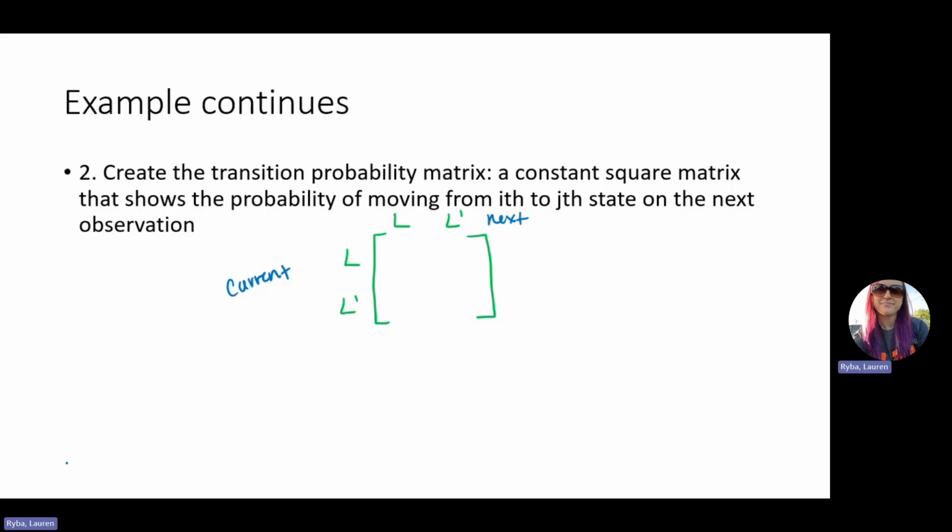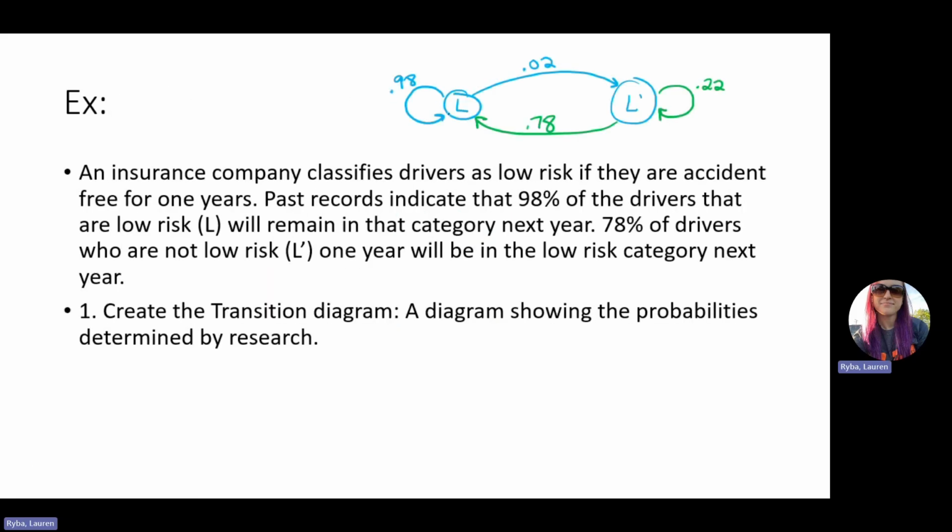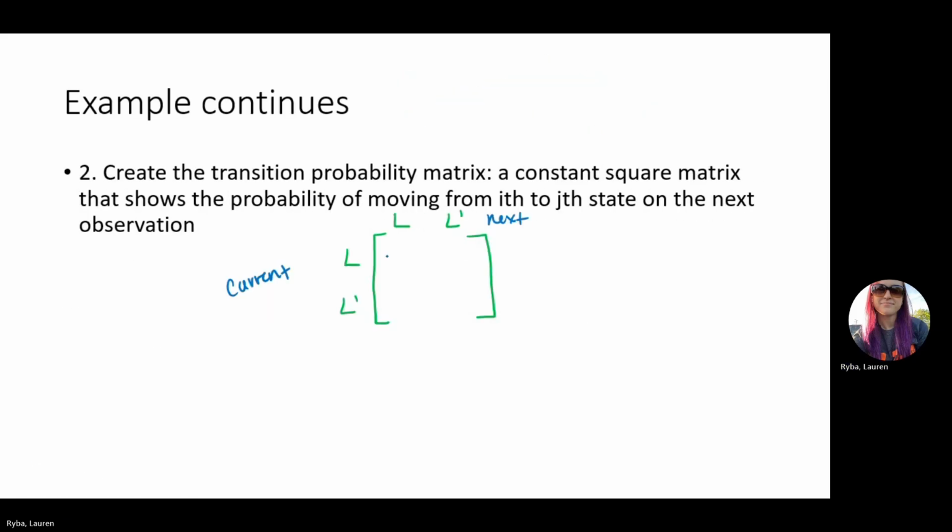So when I fill this in, to get this upper left spot here, I am starting in L and remaining in L. So starting in L, remaining in L was 0.98. Then the one next to it is those that start in L and move to L naught, which is the remaining 0.02.